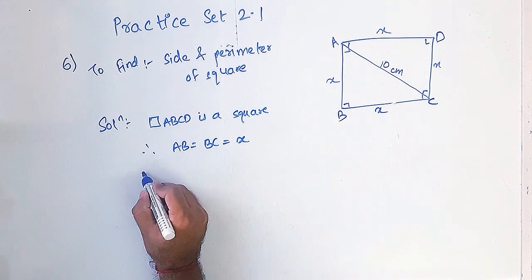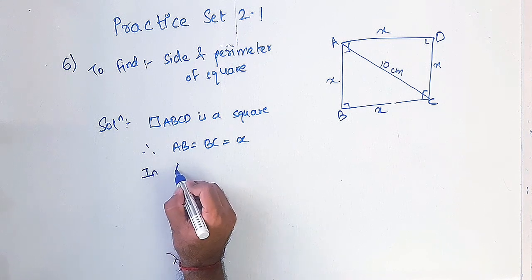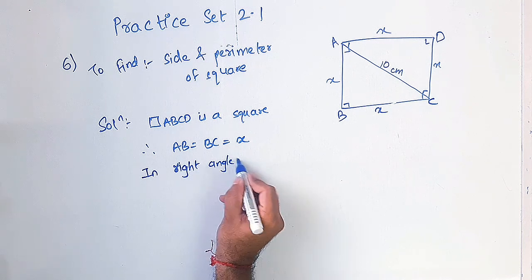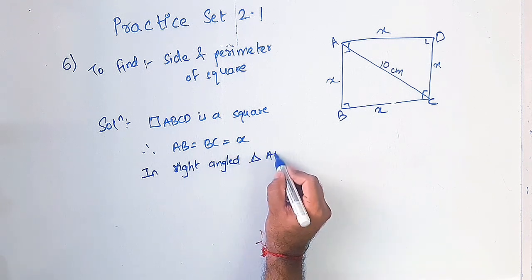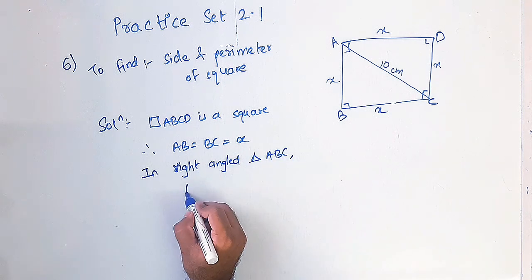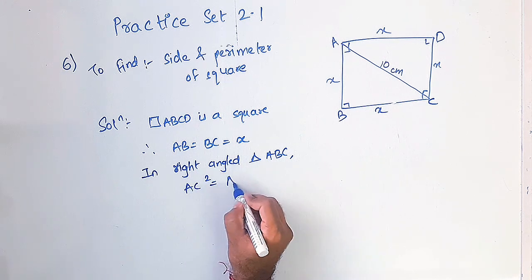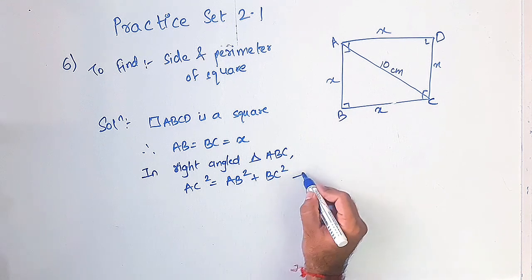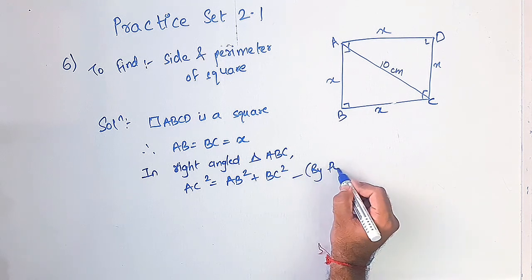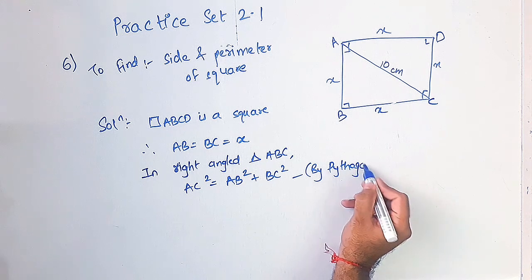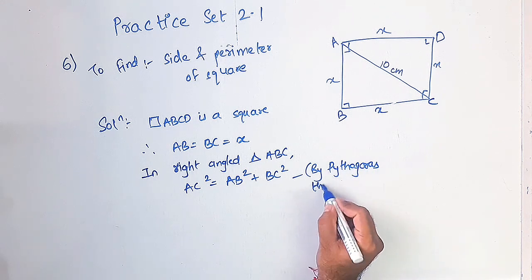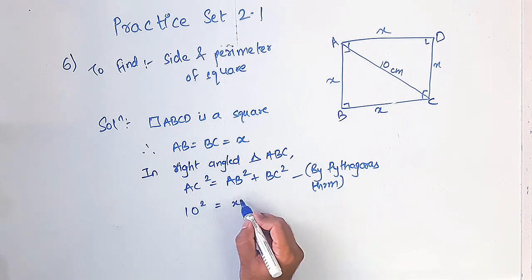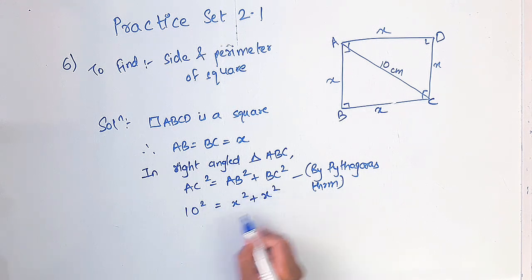Now I can take in right angled triangle ABC, AC square is equal to AB square plus BC square. This is by Pythagoras theorem. So that is 10 square is equal to x square plus x square.